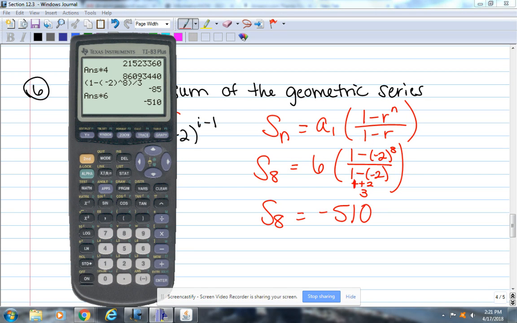No, it should be a positive. Negative 2 to the 8th is negative because you put parentheses around it. Okay. Anything raised to an even exponent will be a positive. That's one of those things your calculator lies to you about. Yeah. Calculators lie if you don't put parentheses around your negatives and you're raising it to an even exponent.